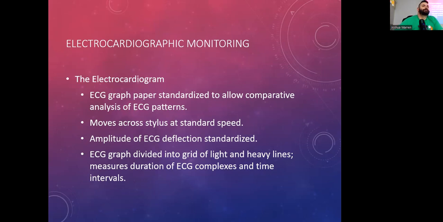All this is breaks in the pattern. This is pattern recognition. It moves across the stylus at a standard speed, and the amplitude of the EKG deflection is standardized. What does amplitude mean? How high the spiky thing is. To keep it simple, how big or little it is. Interesting.